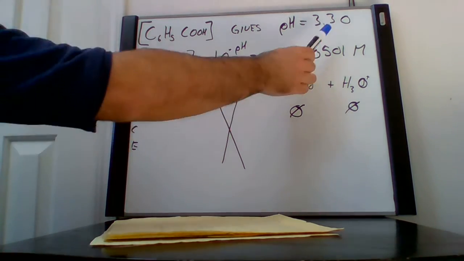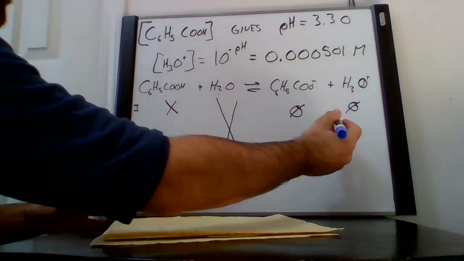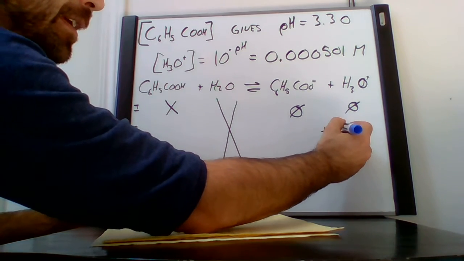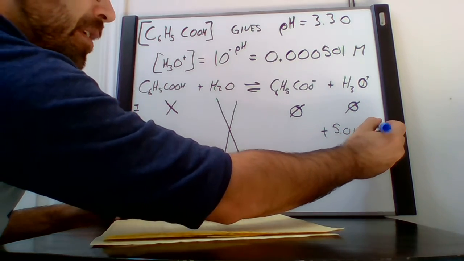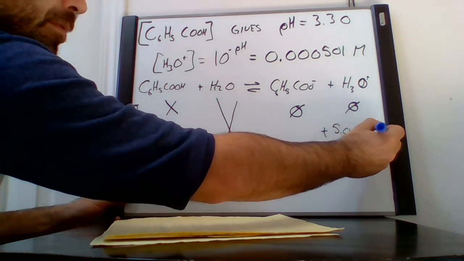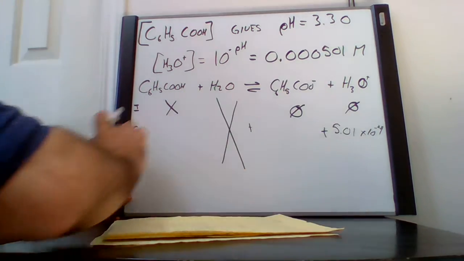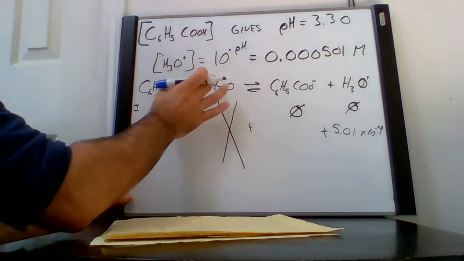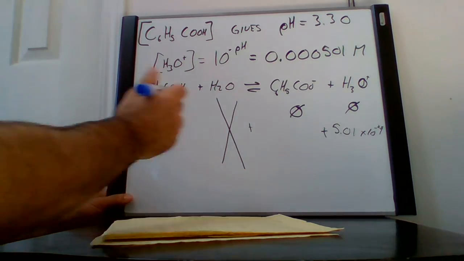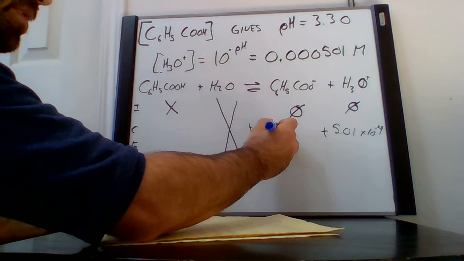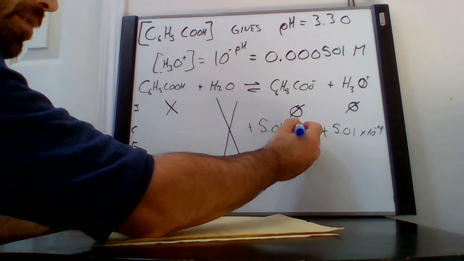Well, to get this pH, we have this concentration of H3O plus, so that means we are adding this 5.01 times 10 to the negative 4 for both of these because they are a 1-to-1 ratio. So if we use that pH to get our H3O plus concentration, that's also the same value for our C6H5COO minus.